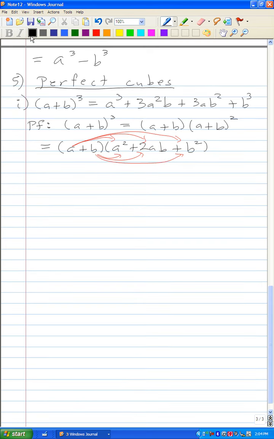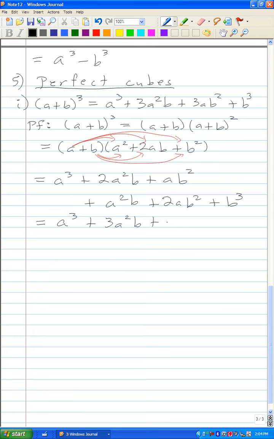And so you get a cubed plus 2a squared b plus ab squared plus a squared b plus 2ab squared plus b cubed. And so, combining like terms, you get a cubed plus 2a squared b plus a squared b is 3a squared b. ab squared plus 2ab squared is 3ab squared plus b cubed. And that's what you wanted to show.